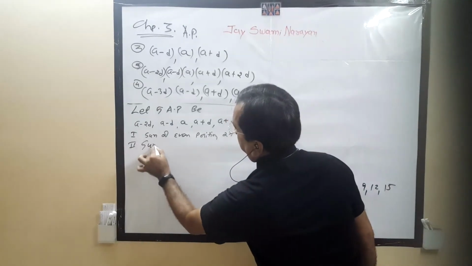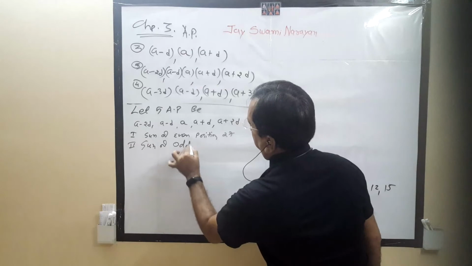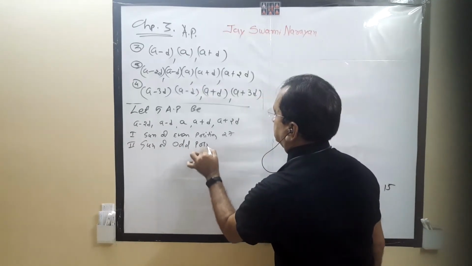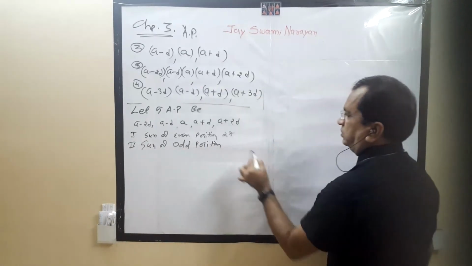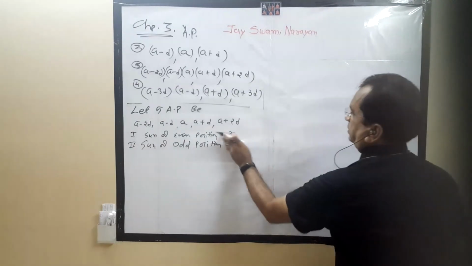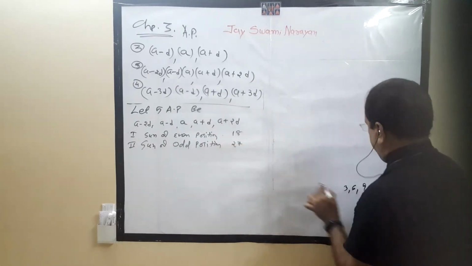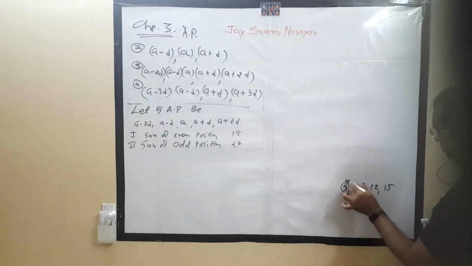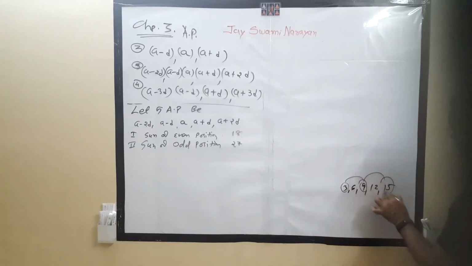Second, sum of even position is 18. I have taken this plus this plus this, and then I have taken this.